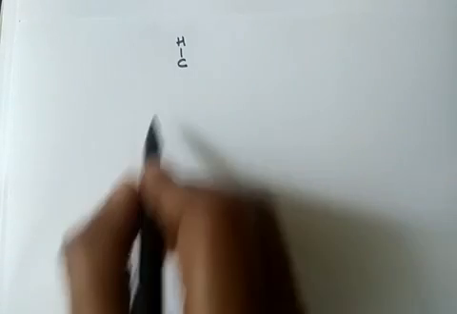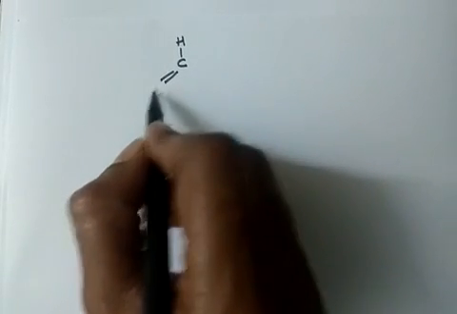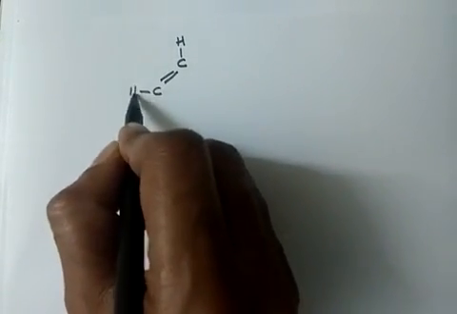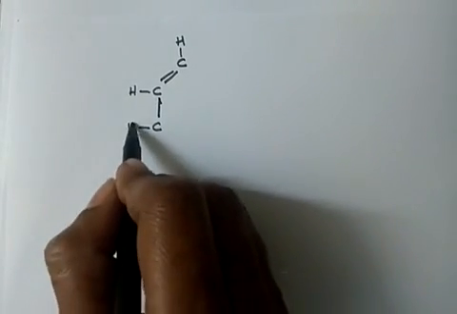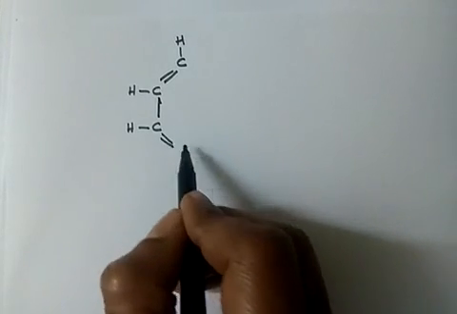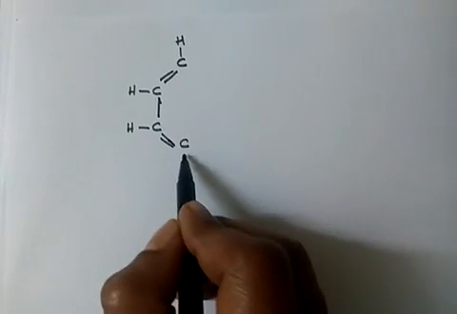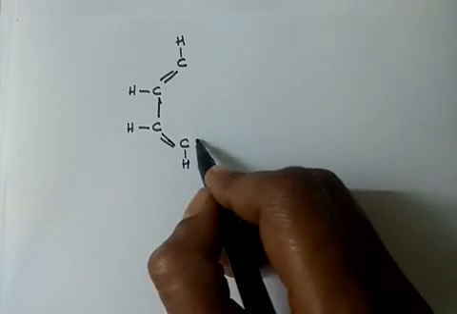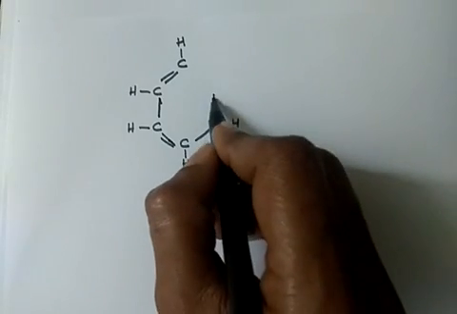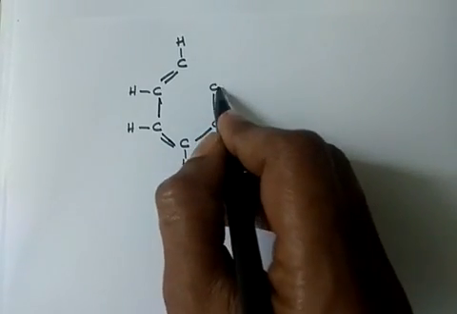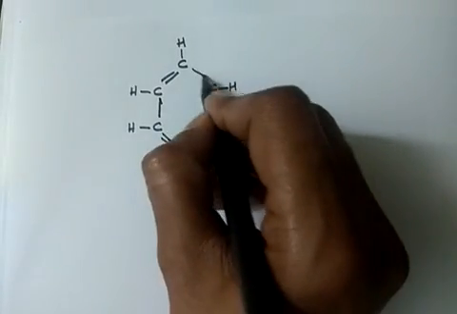So how will you write the structure of benzene? CH double bond CH, single bond, CH double bond, CH, then single bond, CH double bond, CH single bond.